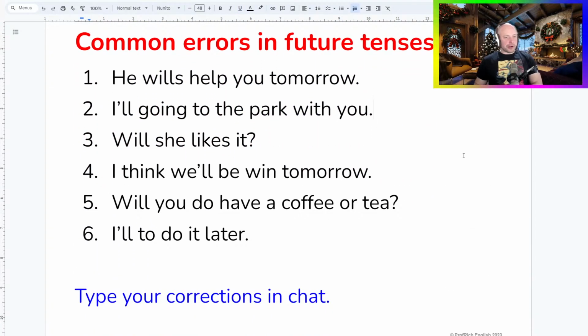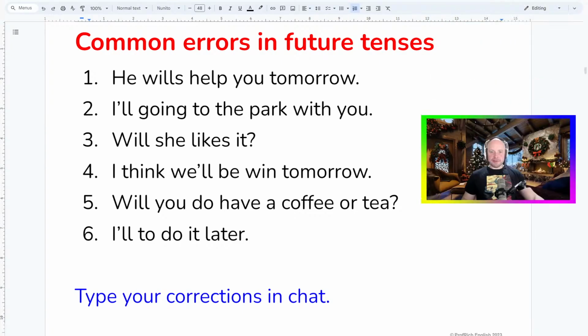So we did just focus on the form. And if you look at your screen now, you can see 6 examples of errors in form. So I'd like you to practice. Type in the chat the corrections for these errors in form.